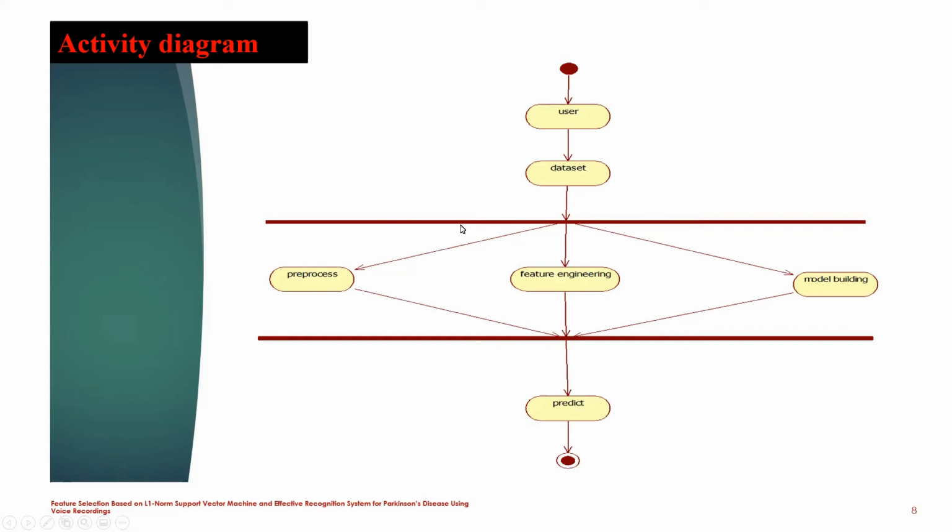Then this one is a fork node. A fork node splits a single incoming flow into multiple flows. This one is a join node. Multiple flows join into a single node. First user, then dataset. Dataset splits into preprocessing, feature engineering and model building. Then goes to predict.